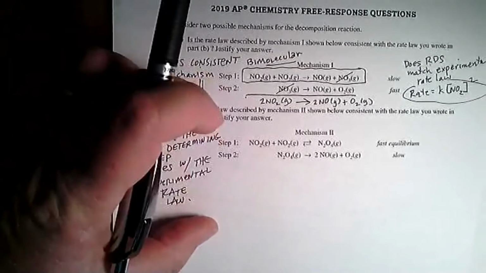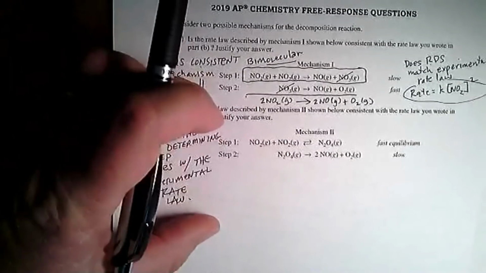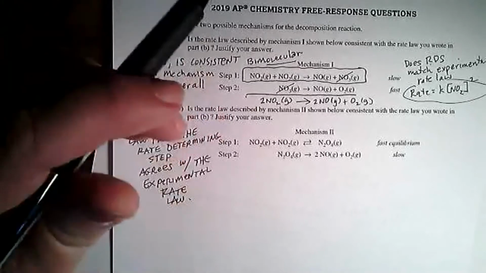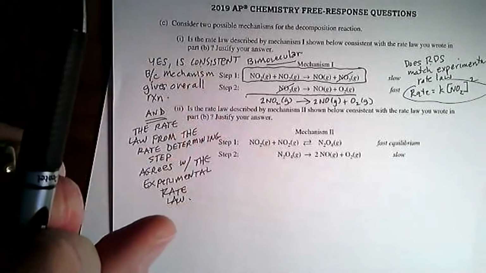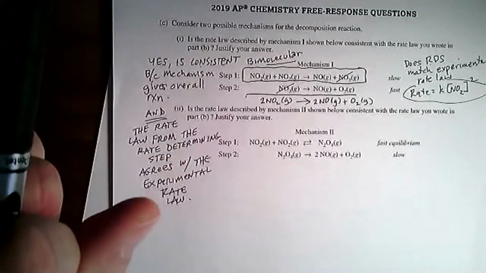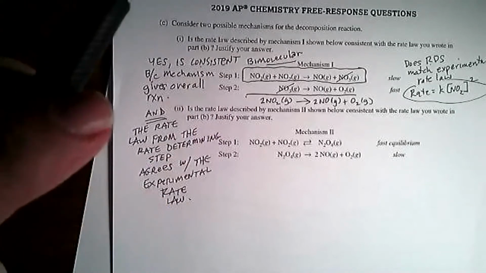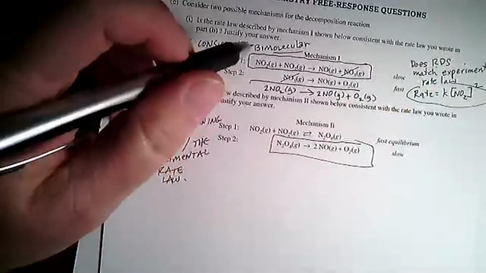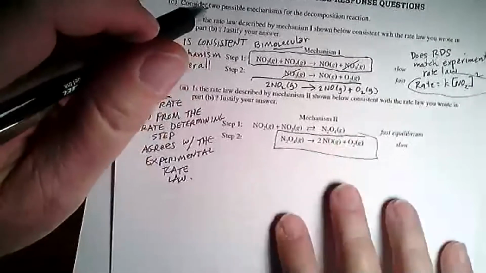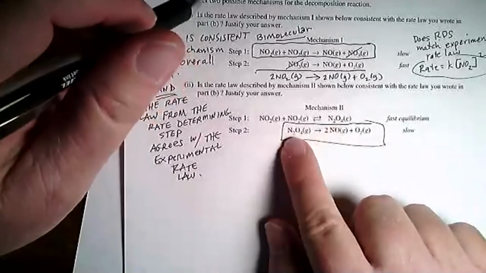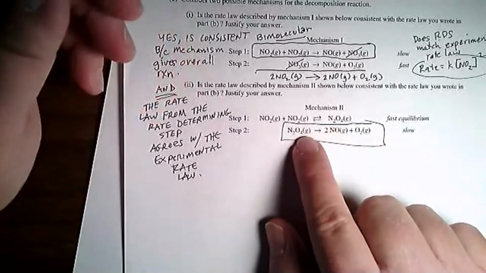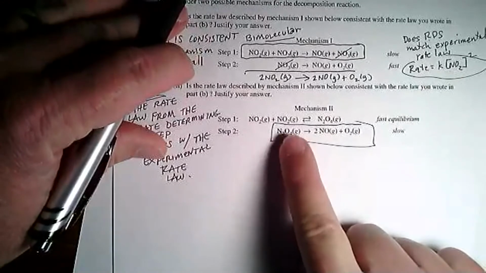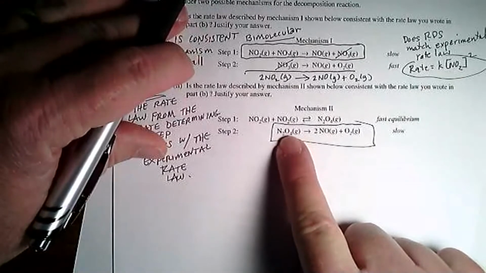This one here is kind of complicated, and I really kind of shudder whether I want to explain it because I'm afraid it's going to confuse you. The issue that you have here is that your rate determining step is this one. And clearly, if I include the N2O4 in my rate law, like we did here, it would be unimolecular.